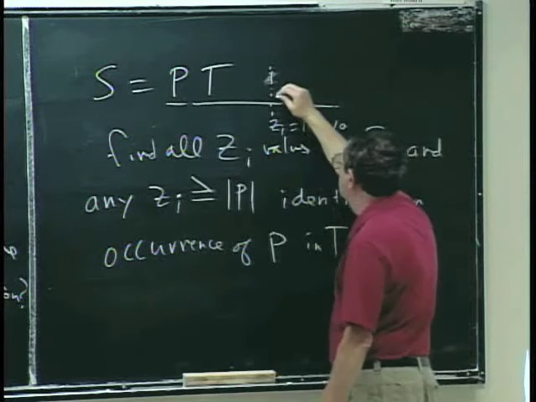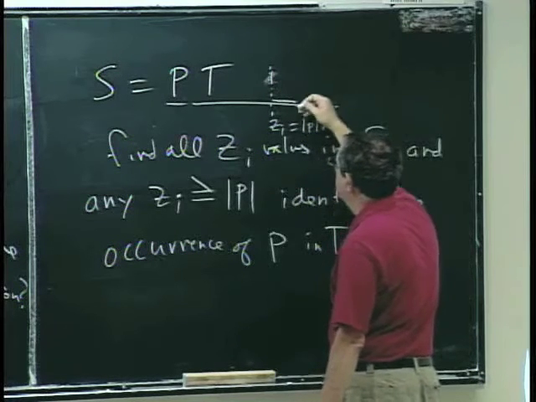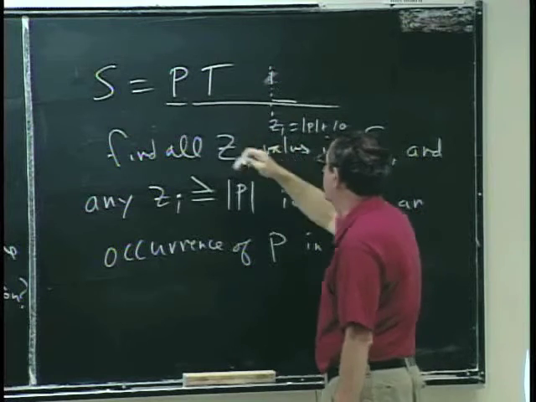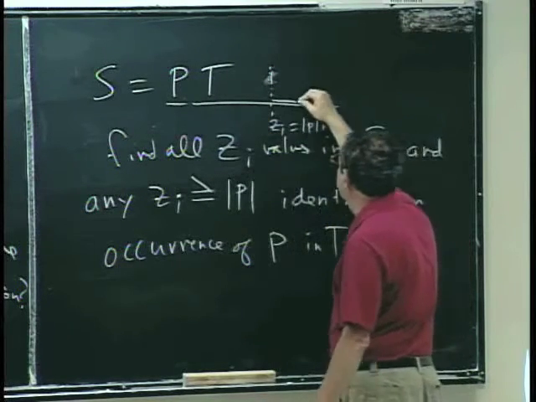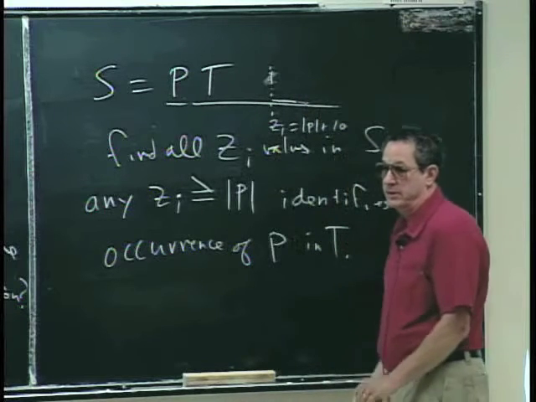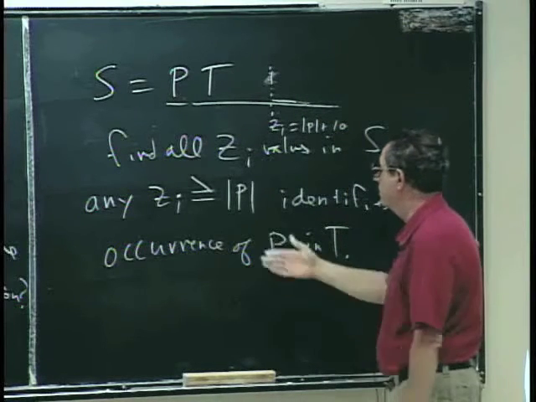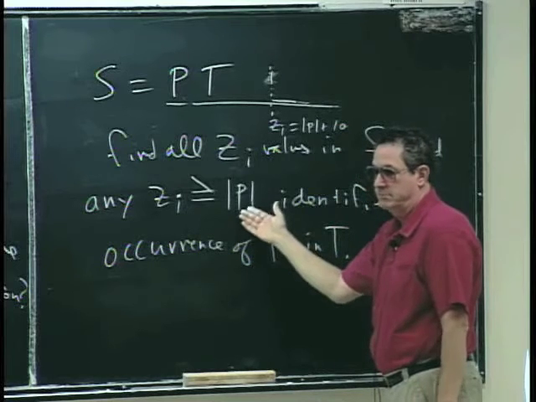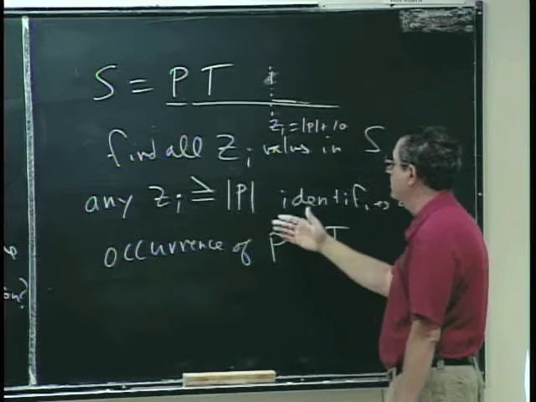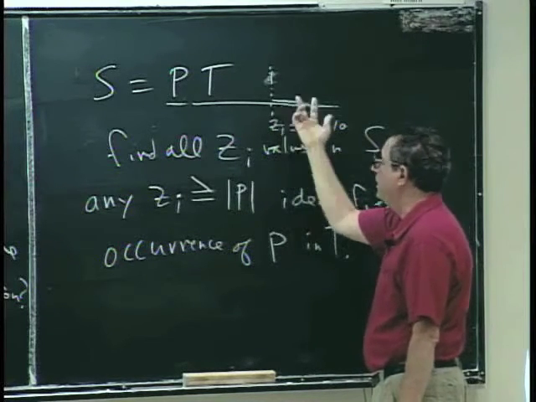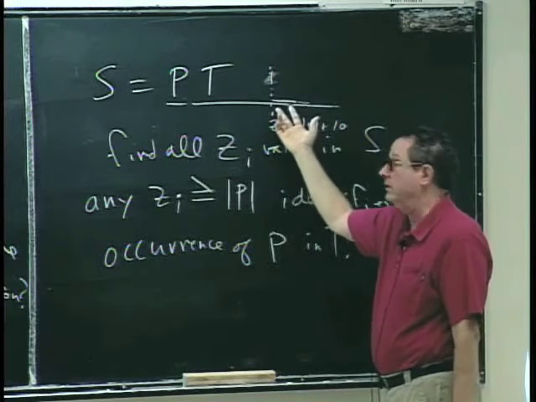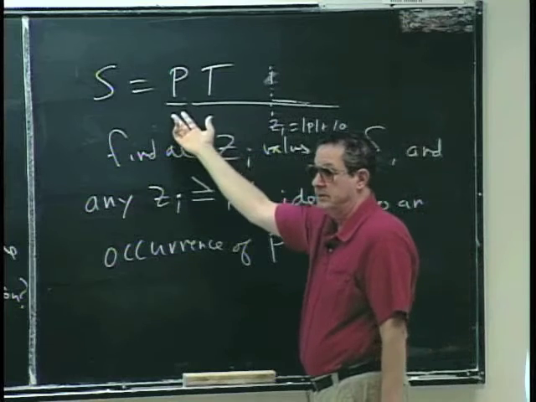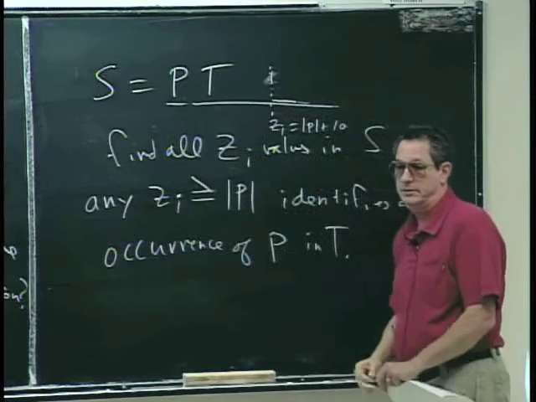It means that from here, the length of P matches, because P is at the beginning of S, and then the next 10 characters also match. So zi at that point is bigger than P. But the main point is that the first |P| characters definitely also match P. And so this finds all occurrences.